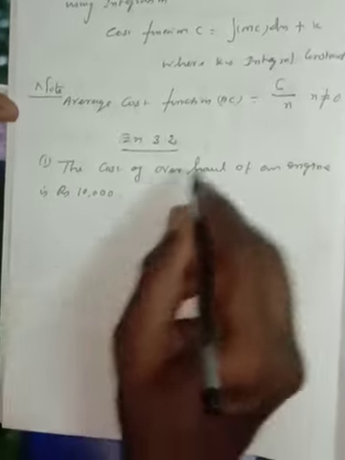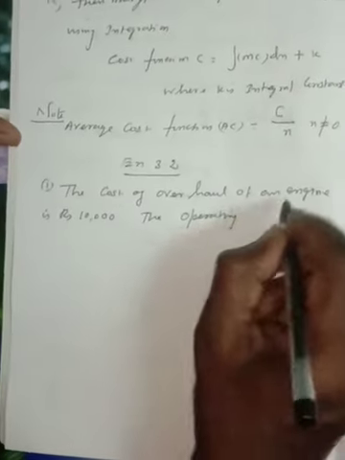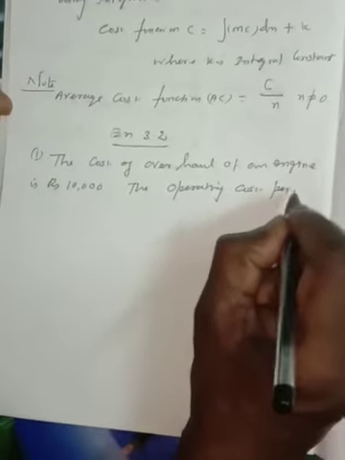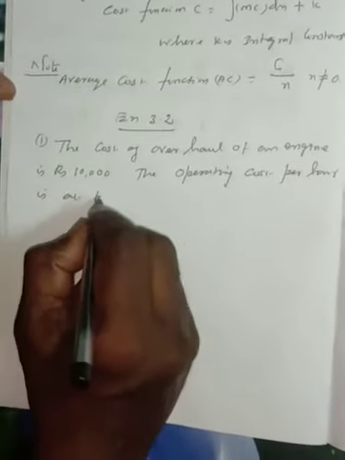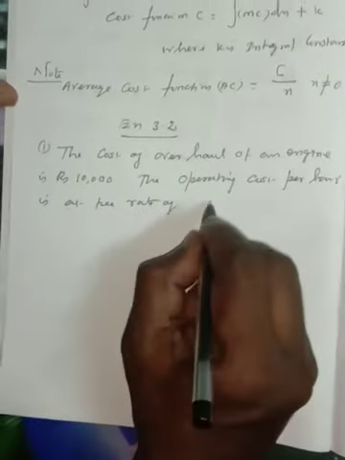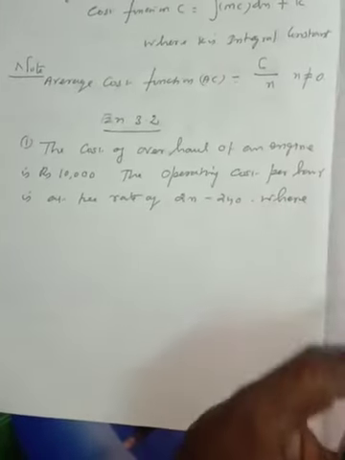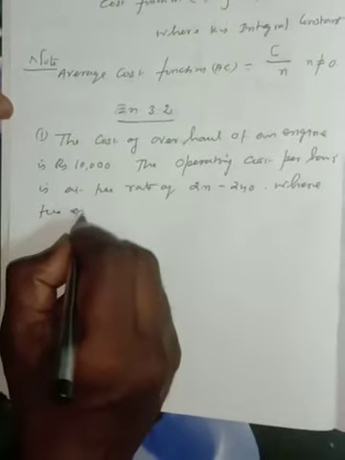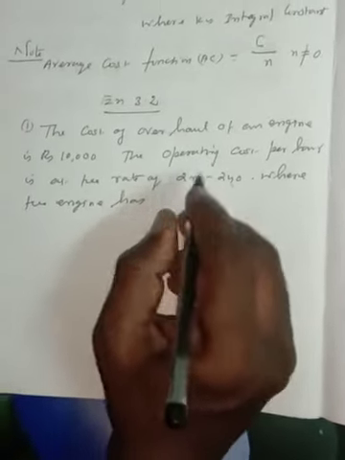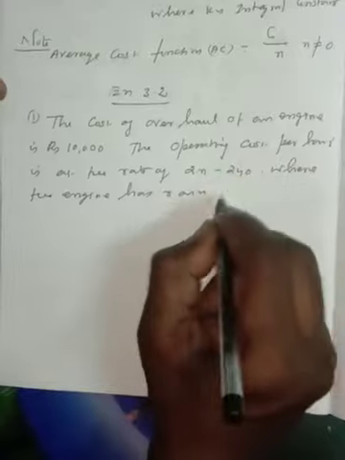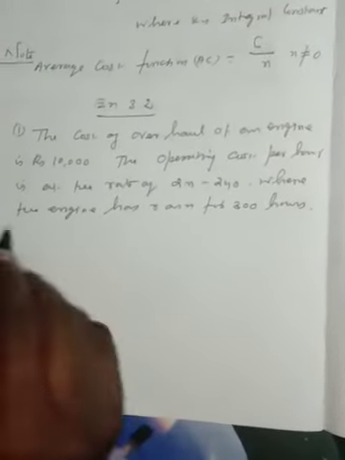The operating cost per hour is at the rate of 2x minus 240, where x is the number of hours. Find the total cost if the engine runs for 300 hours after overhead.